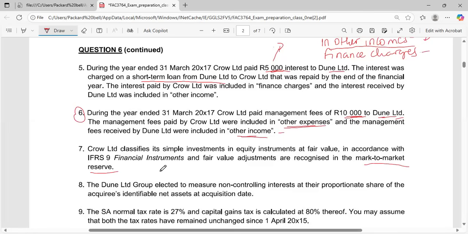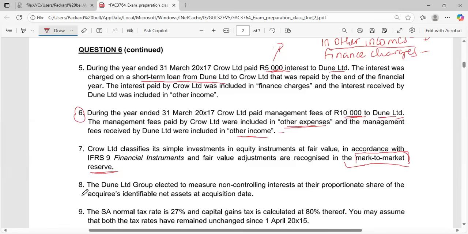Mark-to-market reserve, you take it to the statement of changes in equity. These are other comprehensive incomes. So if the question requires you to do the statement of changes in equity, and there is other comprehensive income in your question, then you have to take it to the statement of changes in equity under mark-to-market reserves. We'll see if they are there.